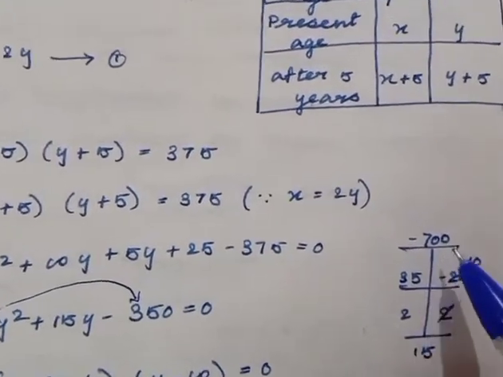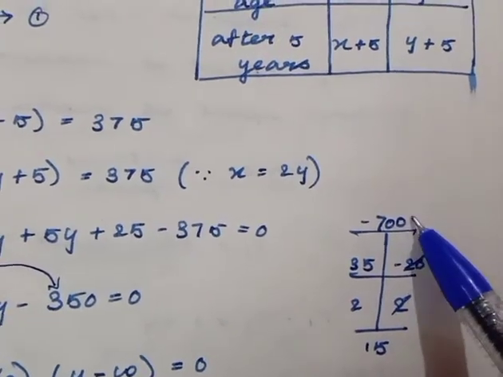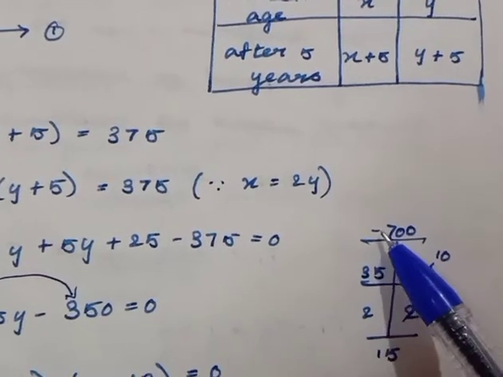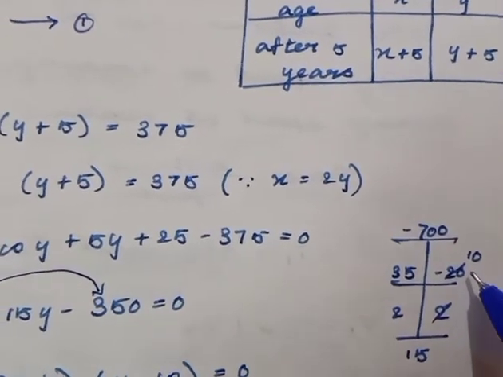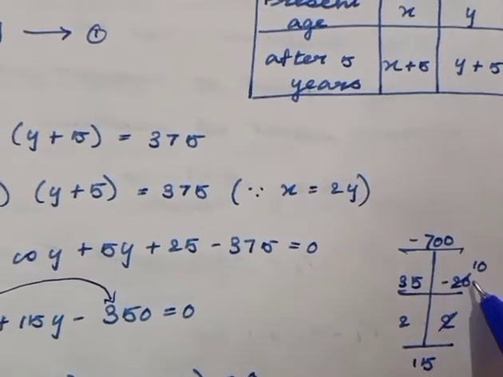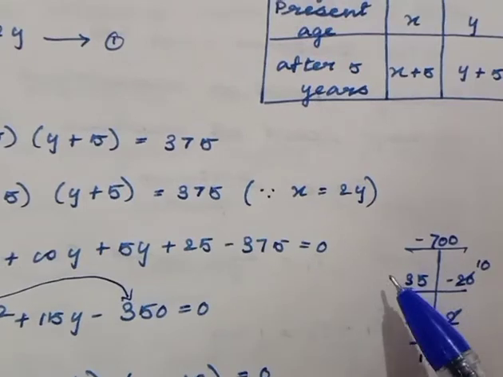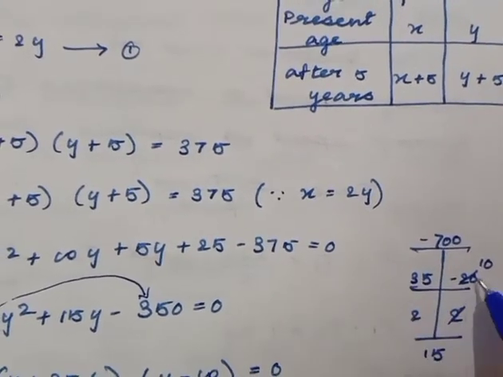Now you have to find the factors for 700. 35 into 20 is 700. You have to check the sign. We need minus 700, so one of the two factors is negative. Which is negative, you decide with this sum value. It is positive, so the greater number gets the plus sign. So that is plus 35 minus 20.